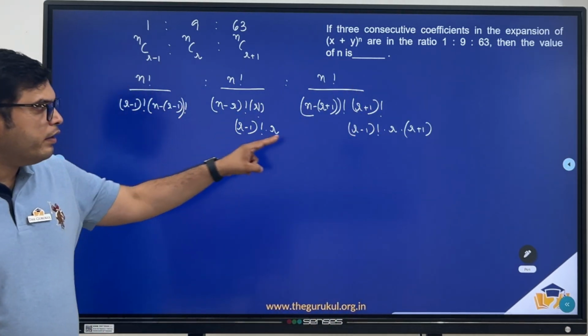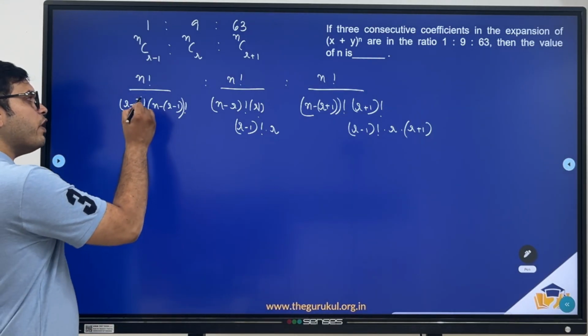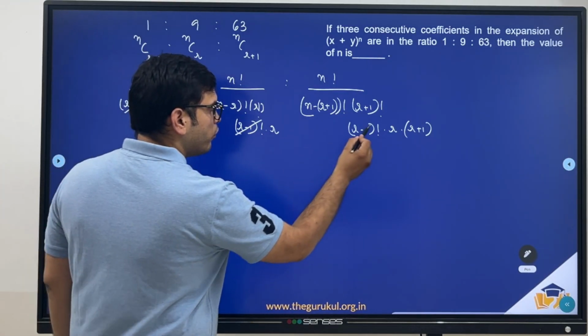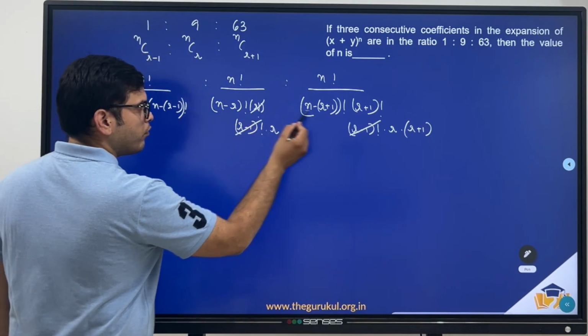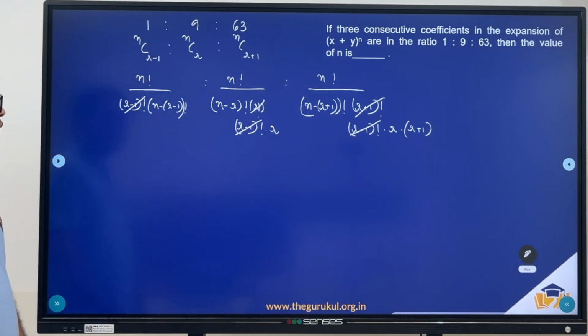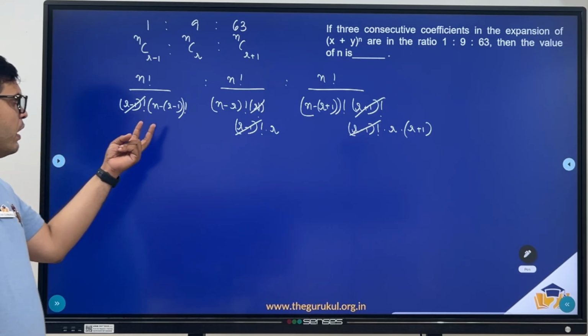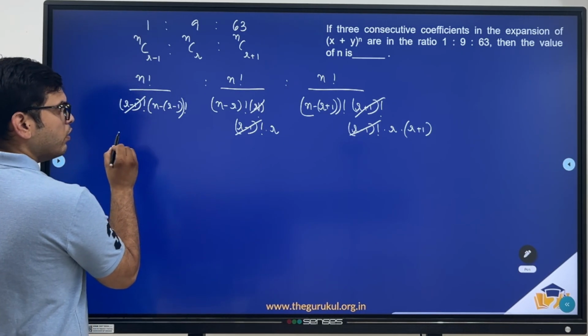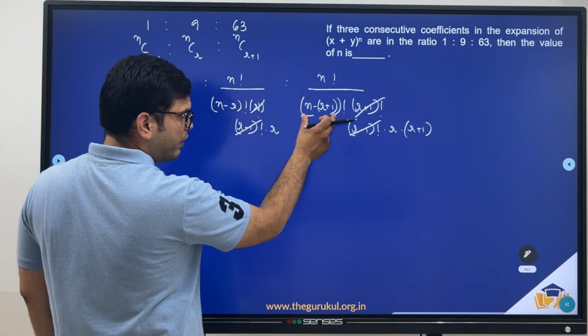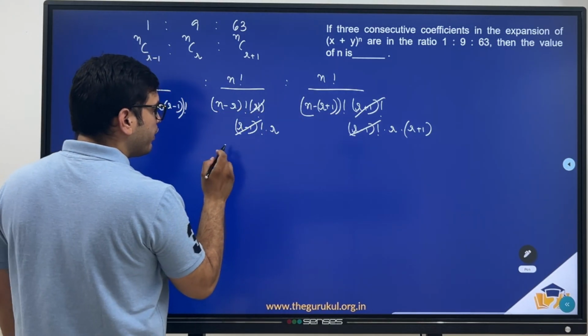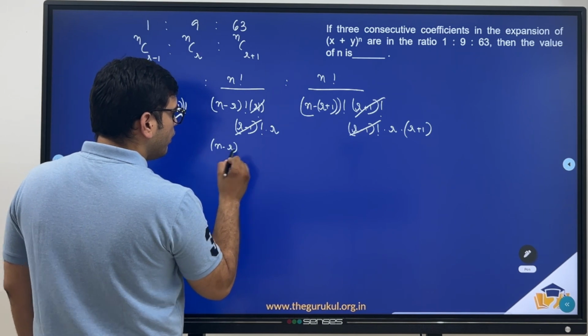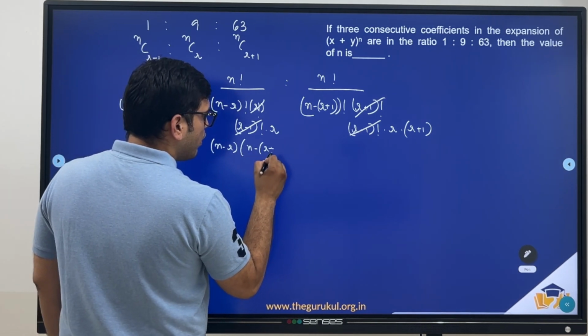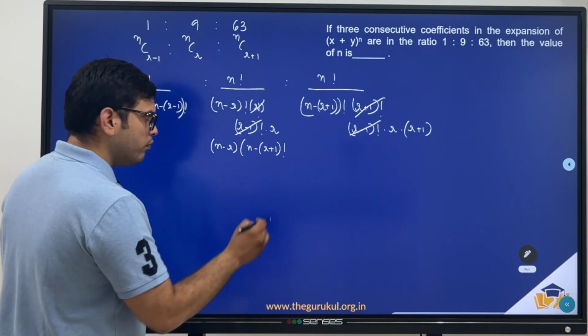Now in these three terms, we have r minus 1 factorial common, so I can cancel this. Now similarly, n minus r minus 1 factorial can be written as n minus r plus 1 factorial. n minus r factorial can be written as n minus r into n minus r plus 1 factorial.